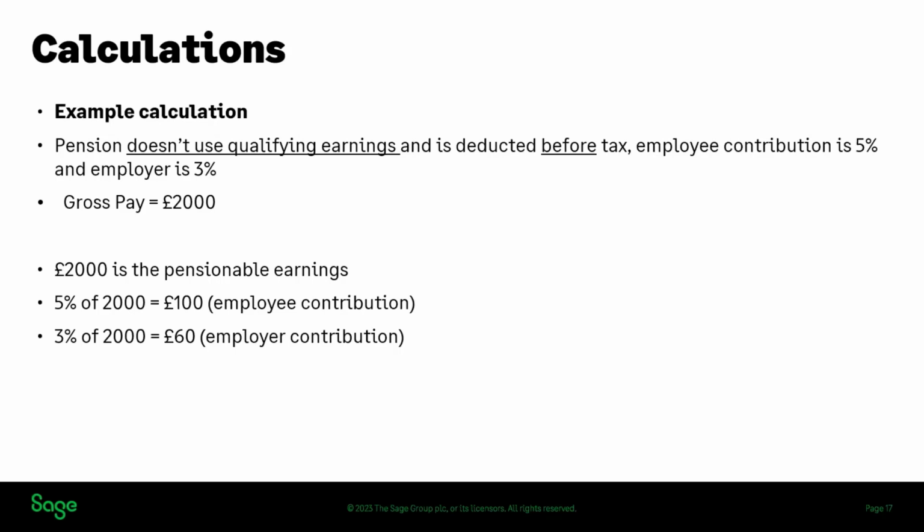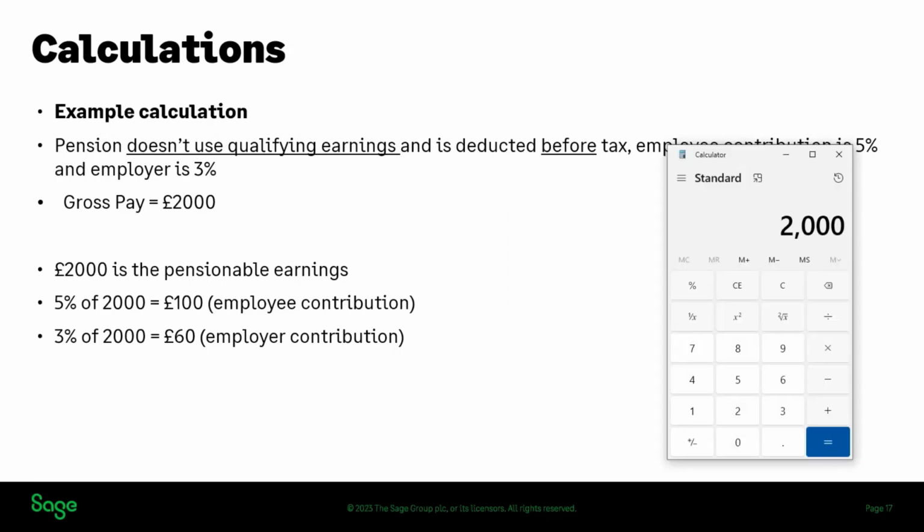So for this one, it's a pretty straightforward calculation. Your £2,000 is your pensionable earnings. 5% of that amount is the employee contribution. So to get 5%, I'm just multiplying by 0.05, and that gives us £100 as being the employee's contribution.